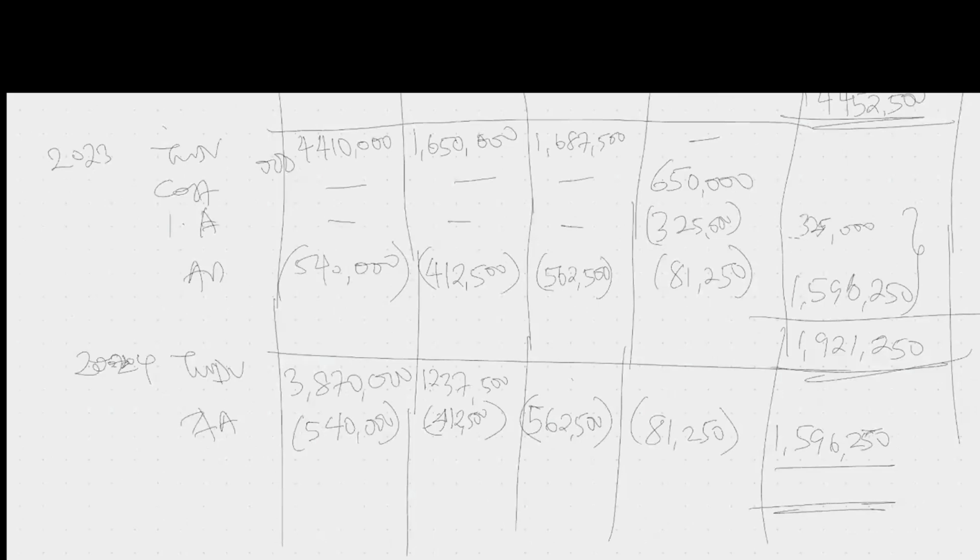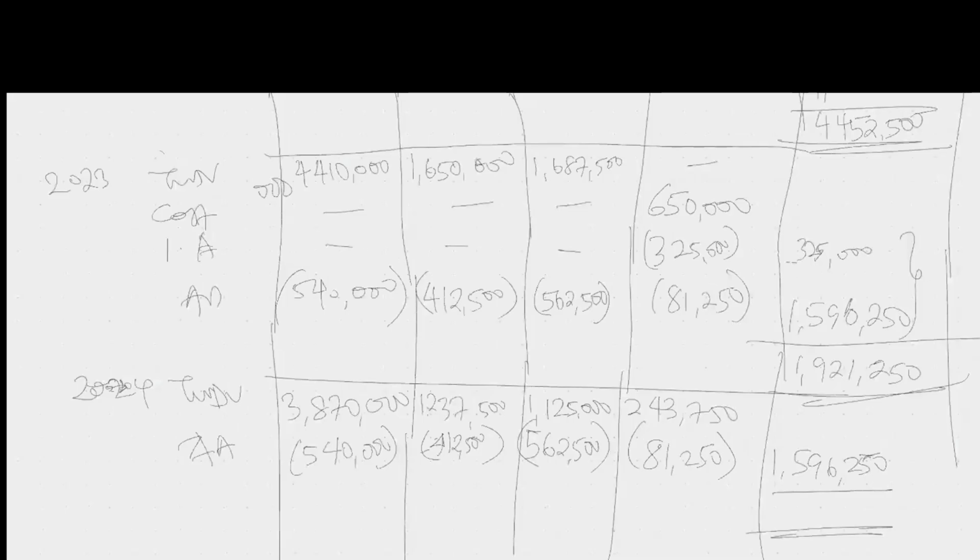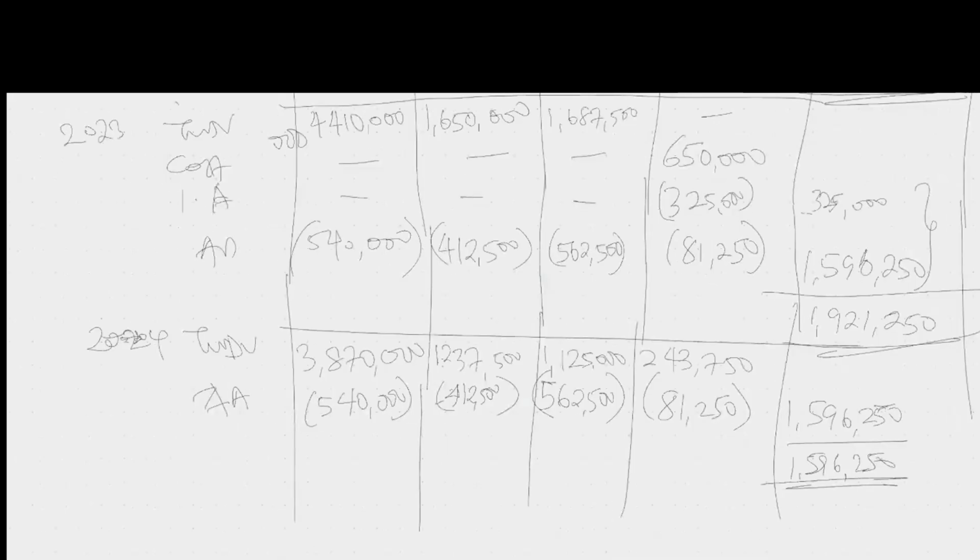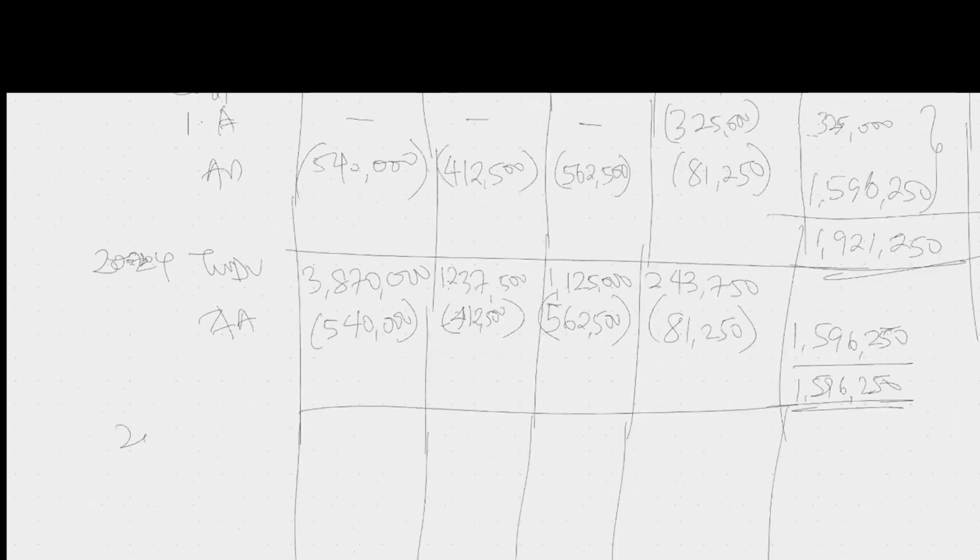In 2025, which is the last year that we're going to do this one, we'll call it next class. Because in 2025, give me the tax written down value for all these assets. It's 3,330,000. Yes, sir. Thank you. The next one. 825,000.